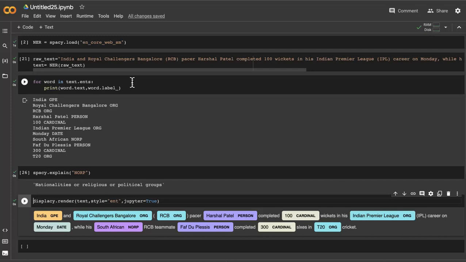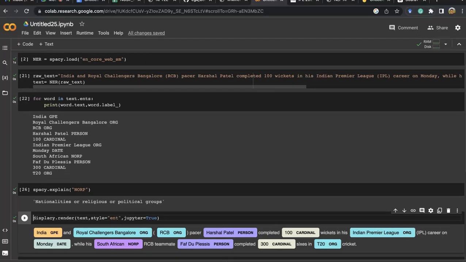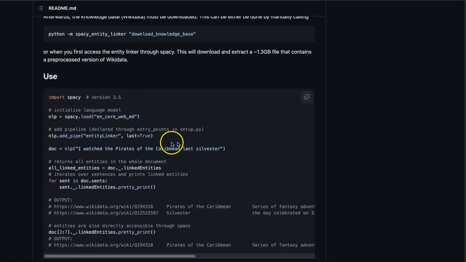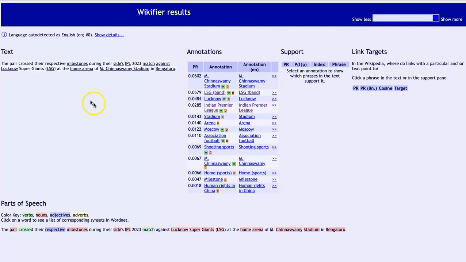So are they organizations or countries or something like that. Then you can use this kind of packages to link directly to Wikidata entities, and this Wikifier for Wikipedia articles.